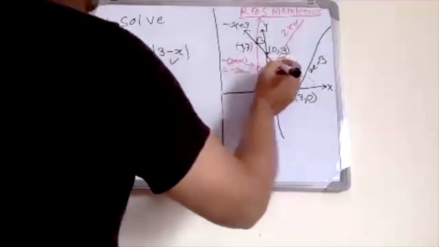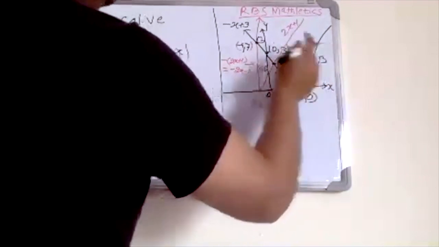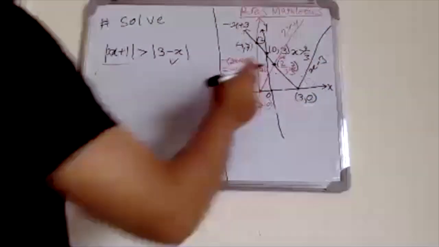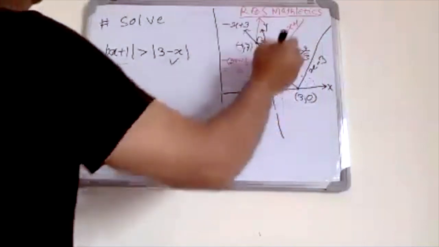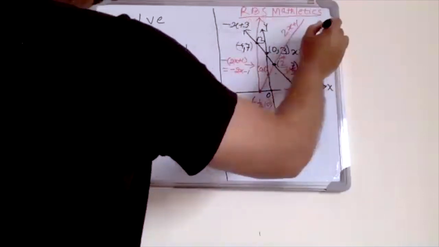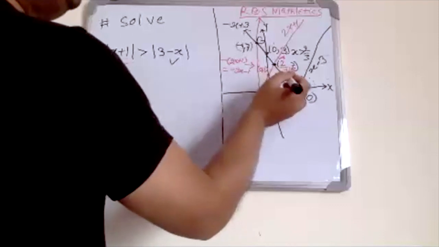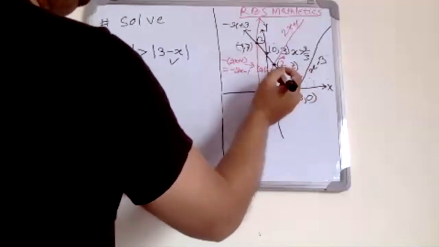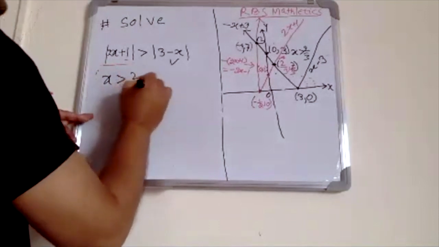So for values of x greater than 2 by 3, the y values of the red colored graph are bigger than the y values of the dark colored graph here. Therefore, one of the solutions is x greater than 2 by 3.